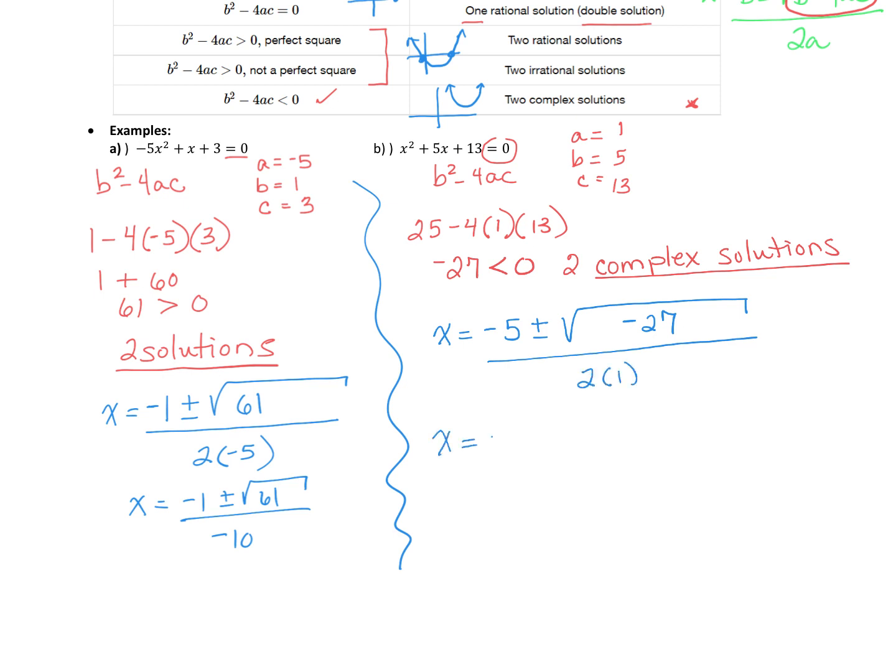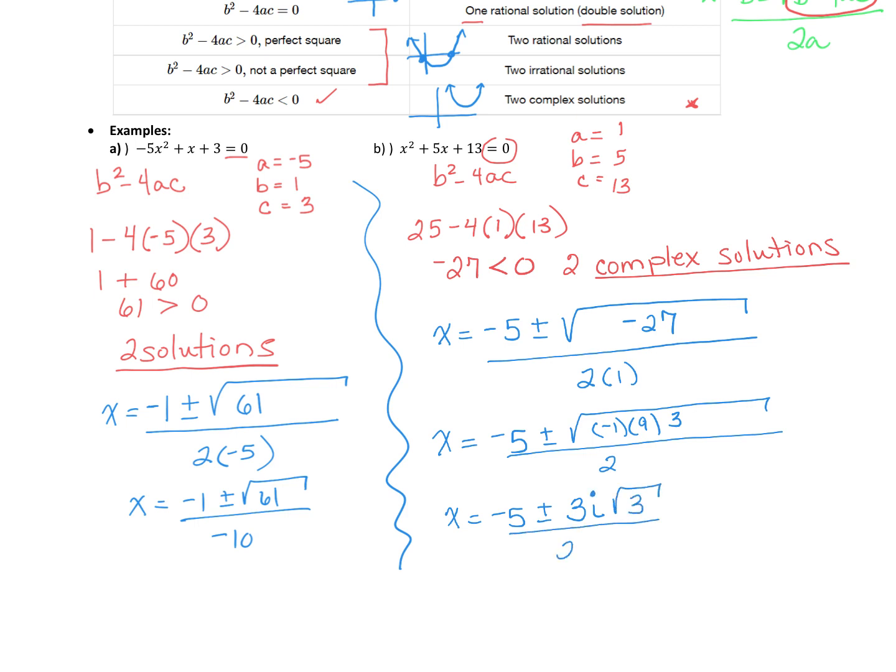And in this case, I'm going to think of that 27 as negative 1 times 9 times 3, and then simplify. So our 9 will come out of that radical as a 3, and our negative 1 will come out as an i, and we cannot take the square root of 3. So we did get 2 solutions, and they are imaginary.